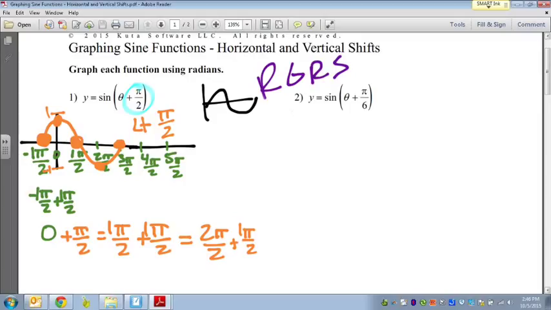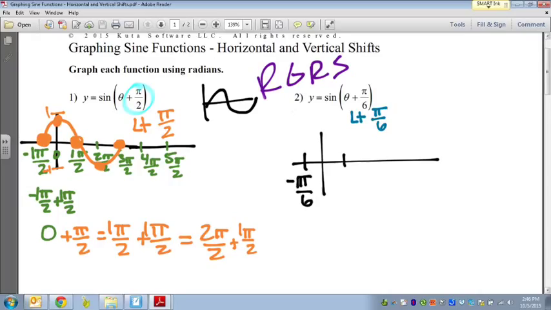Let's try pi over 6 together, just to get us in the spirit. I know it's sine, and it's going to look like this graph right here, so I don't have to redo that. But I'm going to notice the shift. It's going to be to the left pi over 6. So when I make my graph, we'll call this negative 1 pi over 6.